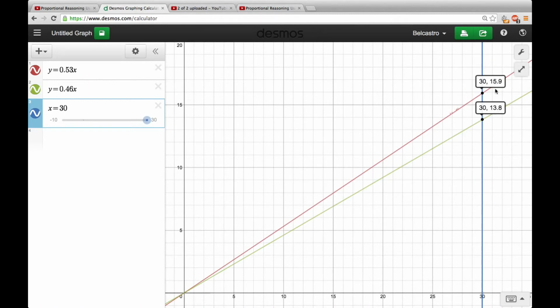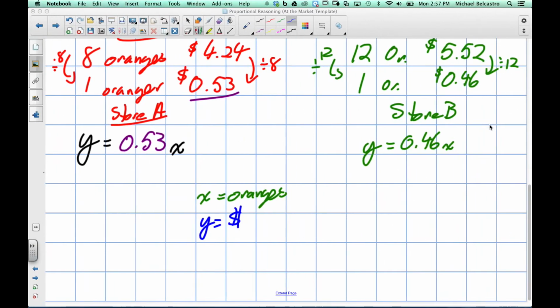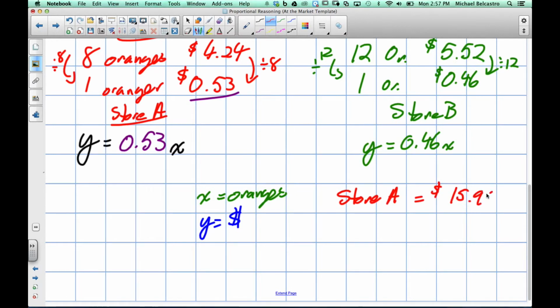So the difference in cost is actually the difference in our y values. So $15.90 subtract $13.80. So I'm going to go back, okay, and we knew store A that we just read over there was $15.90 for, and this is again always for 30 oranges, and store B we said was $13.80.